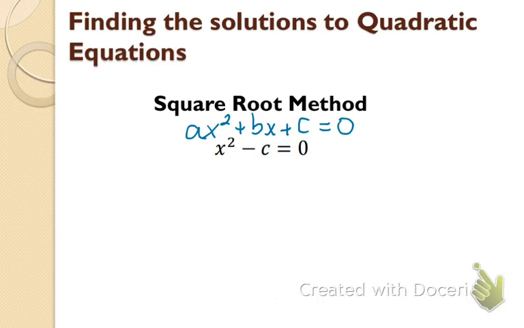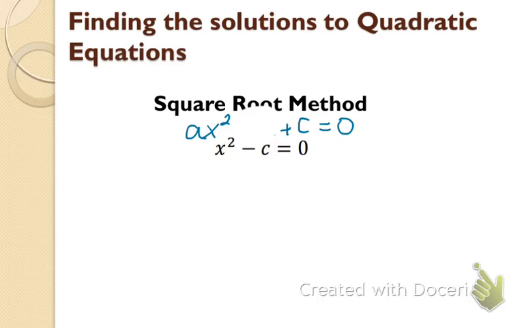Well, to be able to use the square root method, the equation must only contain two types of terms: the x squared term and the constant term. So in other words, this middle term, this x term, cannot exist. Okay, it's not there.